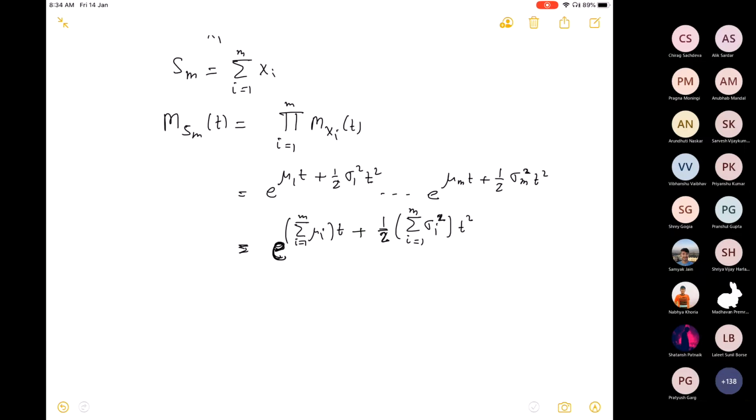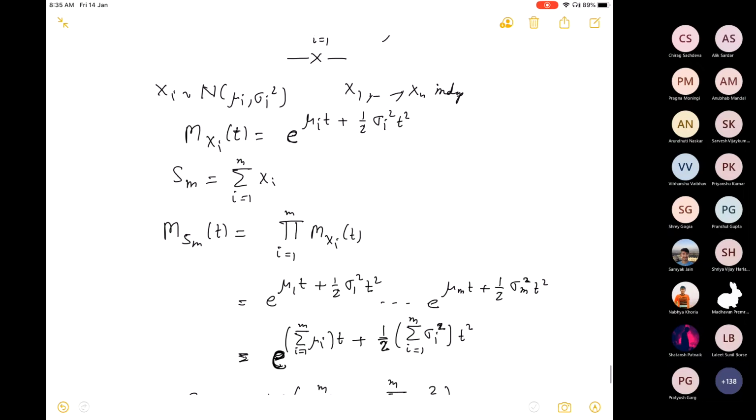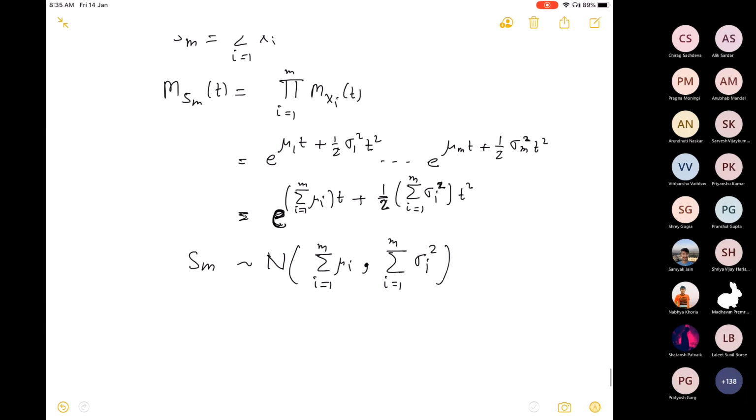So Sm will be normal with mean summation of mu i, i from 1 to m, and variance summation of sigma i square, i from 1 to m. Okay, because it is of the same shape, e raised to power mu t plus half sigma square t square.